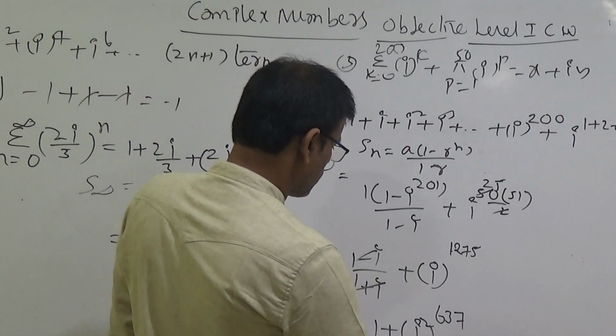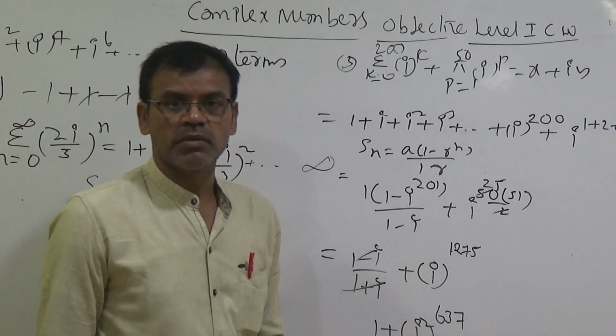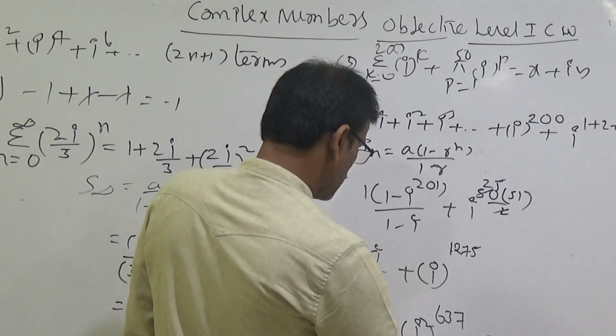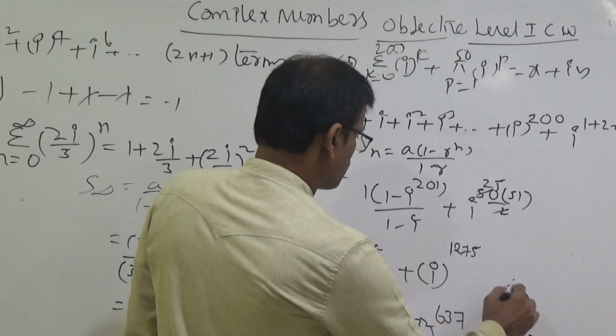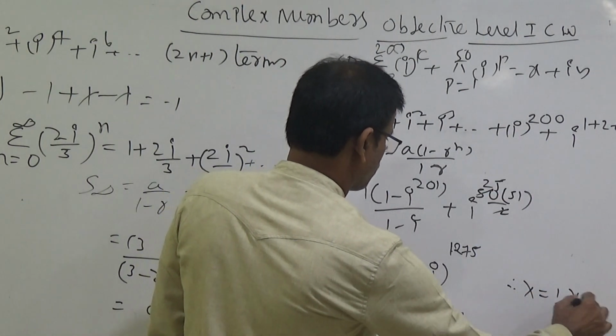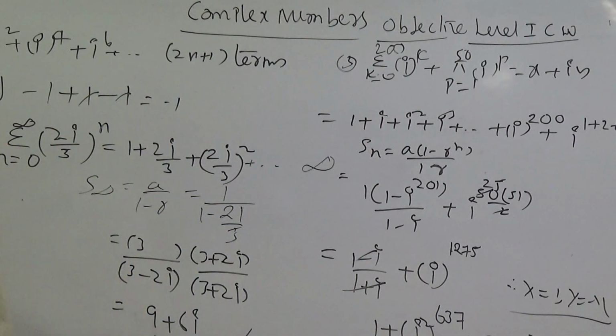I square whole power 637 into i. 1 plus i square becomes minus 1. So that is equal to 1 minus i. So therefore x plus iy, we can understand x is equal to 1 and y is equal to minus 1.